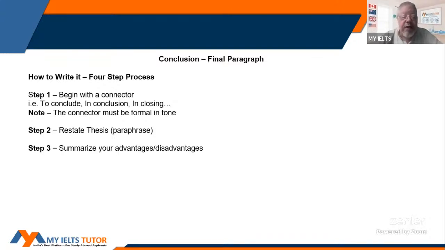Now, step 3, you want to, somehow I got advantages and disadvantages. Sorry about that. Step 3, you want to summarize the reasons behind your thesis. Okay, just summarize the reasons behind your thesis. And then step 4, you want to give an additional opinion or call for action.